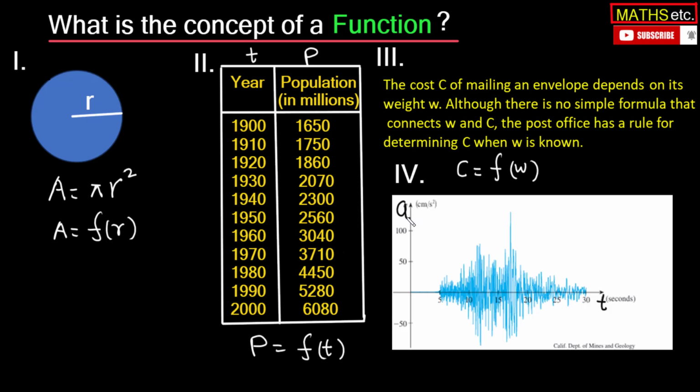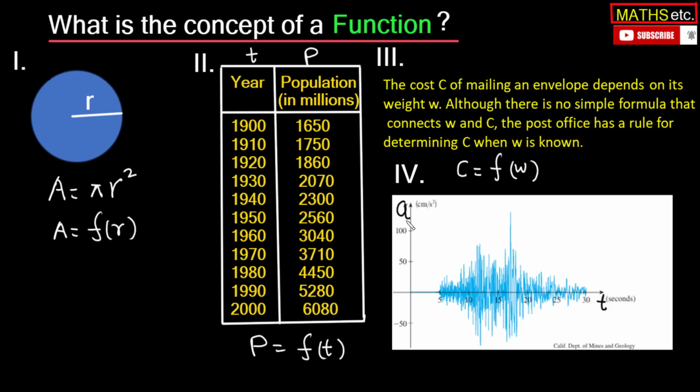And this is our example number 4. Here the symbol a denotes the vertical ground acceleration and t denotes the time elapsed. This graph has been produced with the help of a seismograph, and this represents data of an earthquake that took place in the 1990s in Los Angeles, USA.